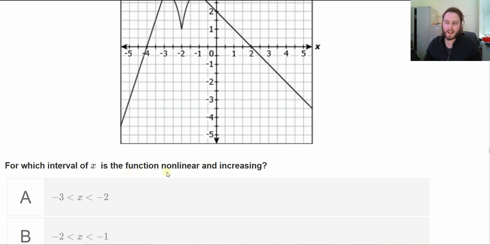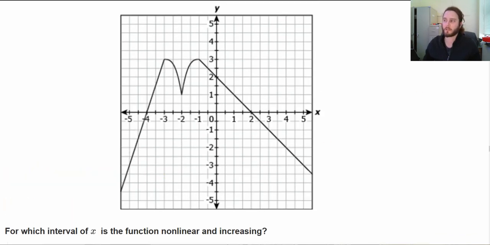function nonlinear and increasing. So we're looking for it to not be a straight line, so this whole area from here to here is out. And we need it to be increasing. So anywhere from here all the way to the end of the graph is out. Can't be that. So nonlinear and increasing, it looks like we have a curved line right here, so that's nonlinear.